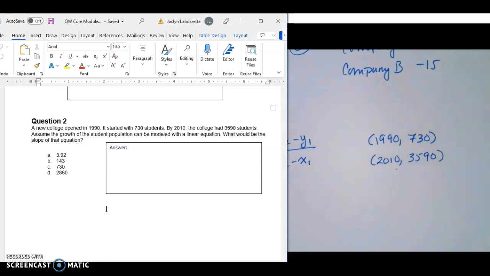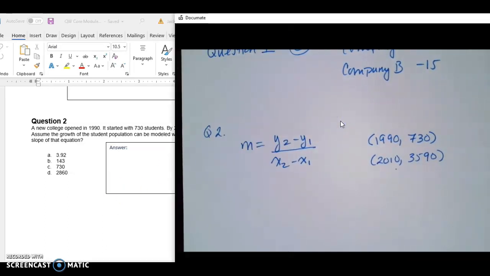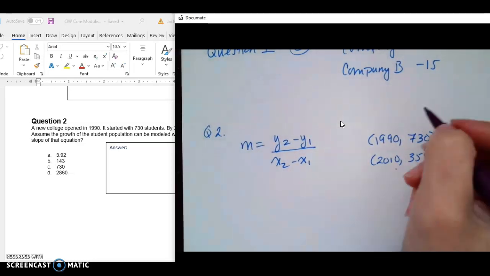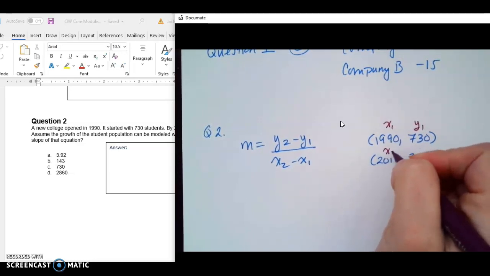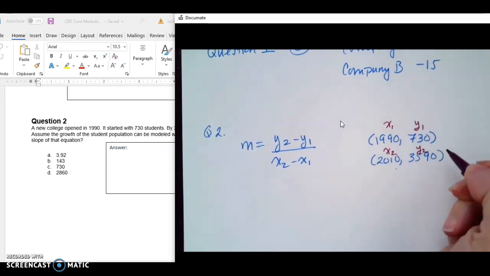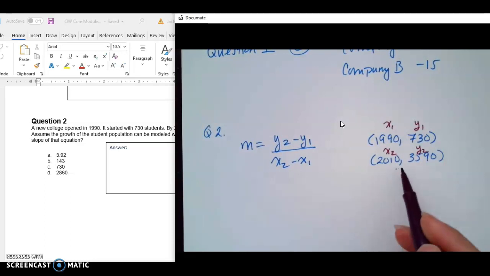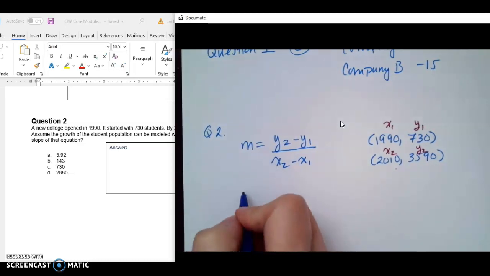So those are your two ordered pairs. We're going to use both of these ordered pairs in the slope formula. It might be helpful for you to label your ordered pairs x1, y1, x2, y2, so that you can easily substitute them in the right place.